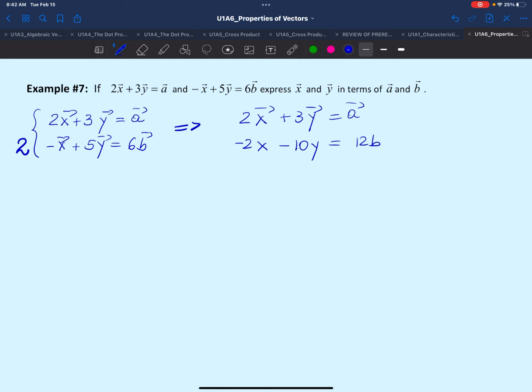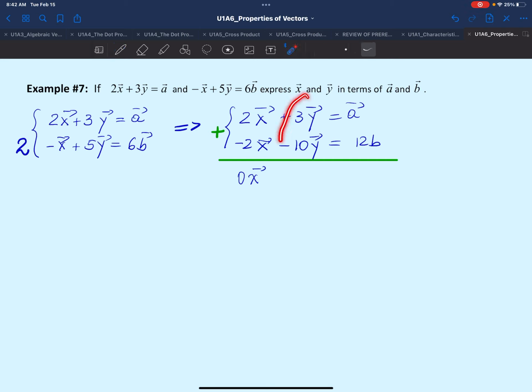And at this point I would say that we are ready to eliminate our first variable, which is the variable x, and we'll do this by adding both equations. So we have 2x plus negative 2x, that's 0x.